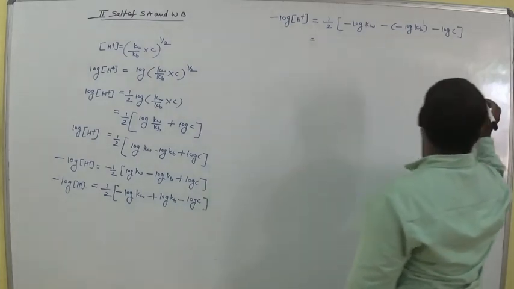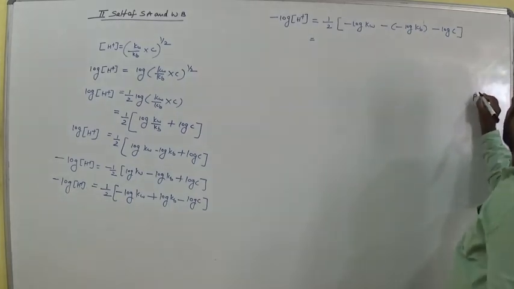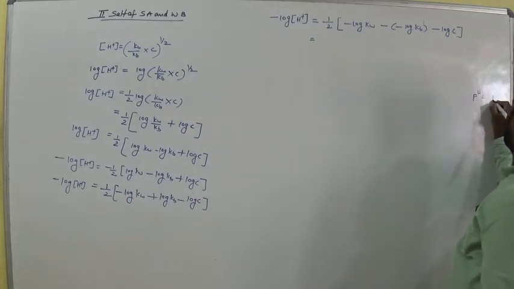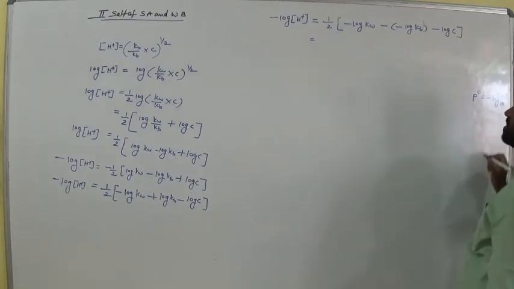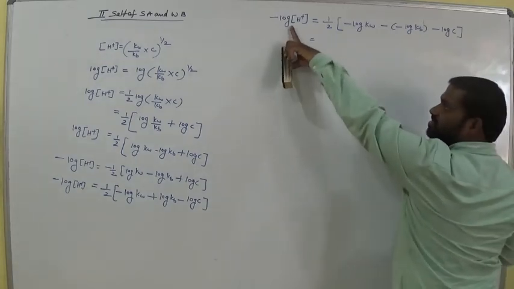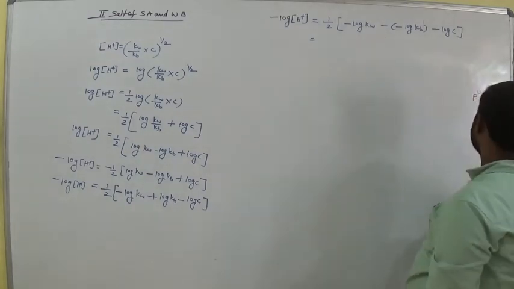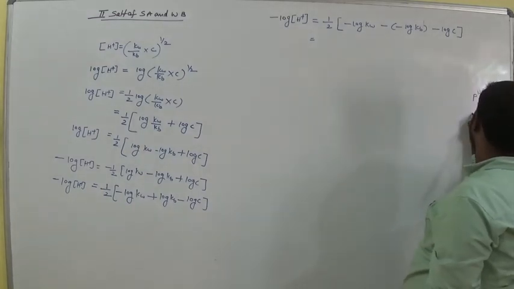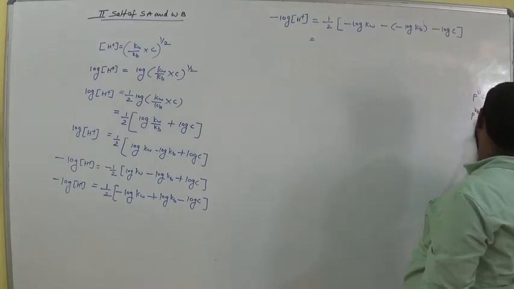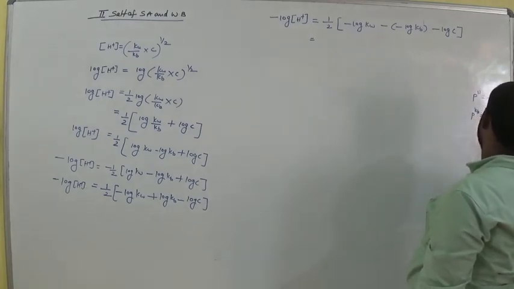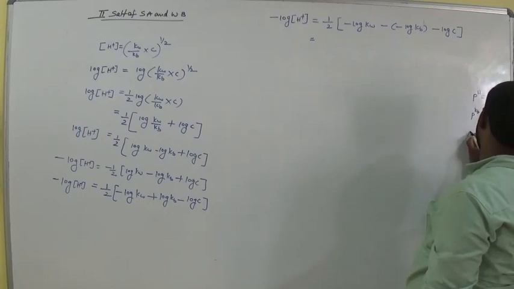Now you know pH, what is the formula? Minus log H plus to the base 10. Here we have 10. Don't forget 10. Here it is also 10. Base 10. pKb is equal to minus log Kb.